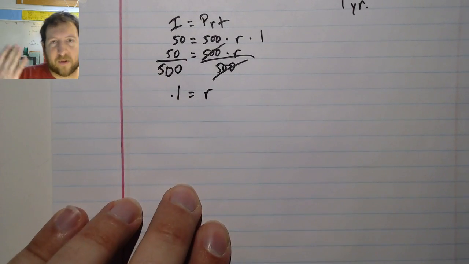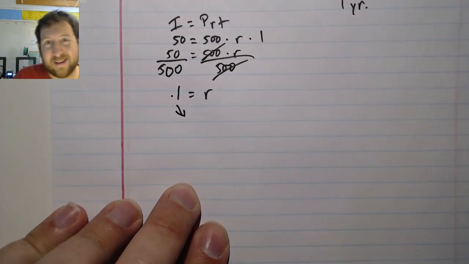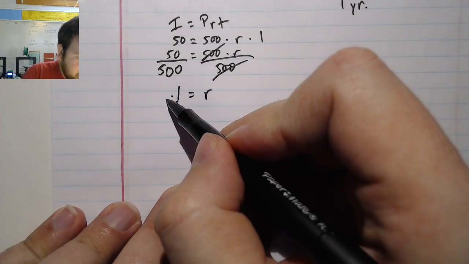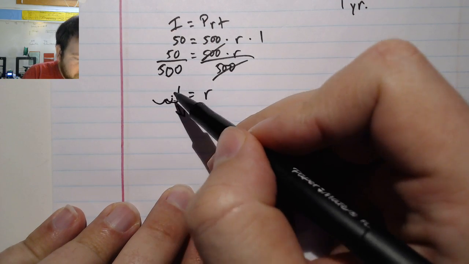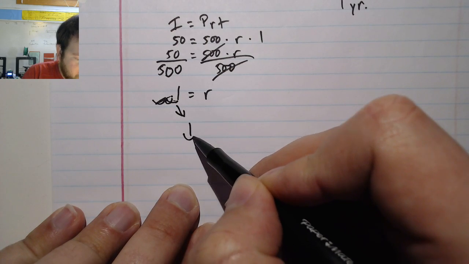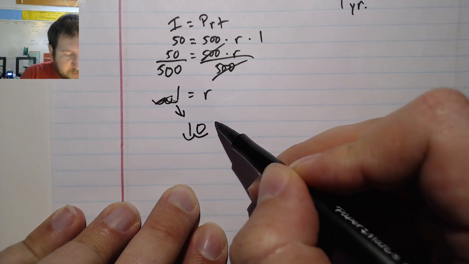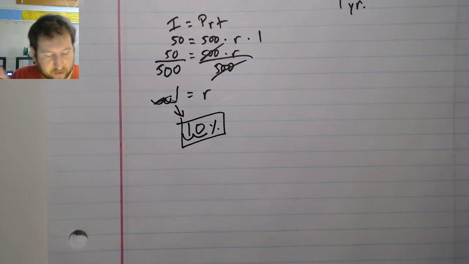I really am looking for it as a percent. So I can turn this into a percent, and I know that I'm just going to slide the decimal point. Oops, my decimal's here. 1, 2. Sorry, wrong direction. If I take my decimal, 1, 2, it's going to give me 10%. 0.1 to percent is 10%.